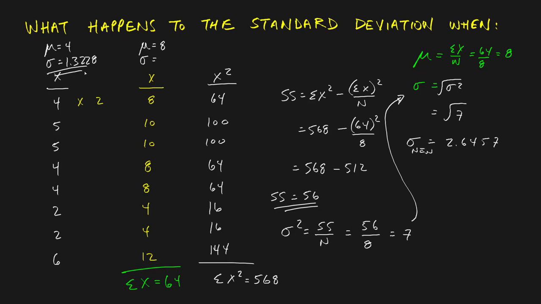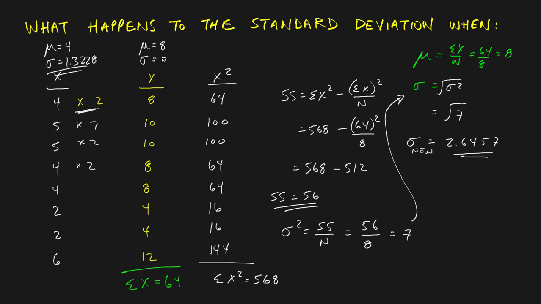Remember, the original one was 1.3228. We doubled all of the numbers. And what happened to the standard deviation? Well, let's take the 1.3228 and double it.